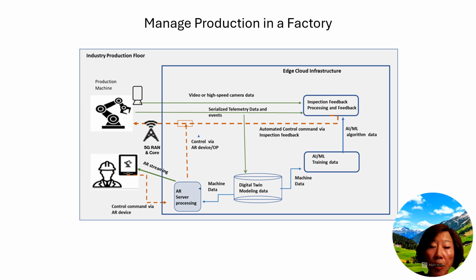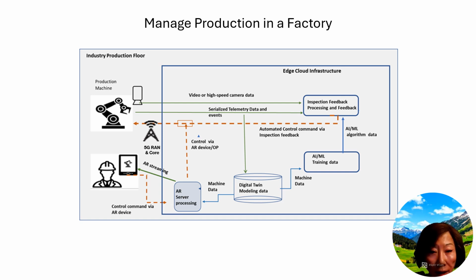In this scenario, a digital twin integrates physical data with a virtual model to simulate real-time operations of a system. Digital twin production control systems can be automated using machine data combined with AI/ML algorithms. The AI/ML trained data, once processed, can generate control commands that are executed by a control function running on the edge cloud.